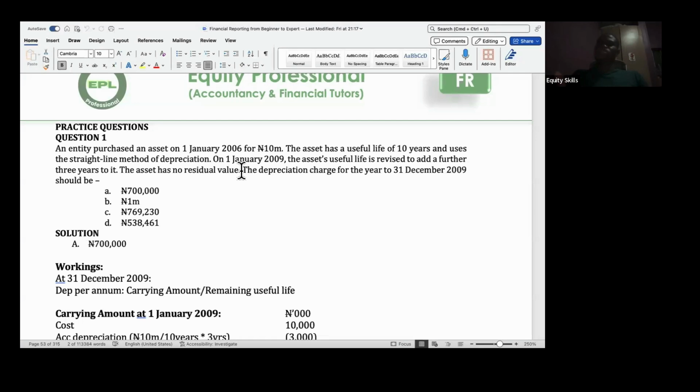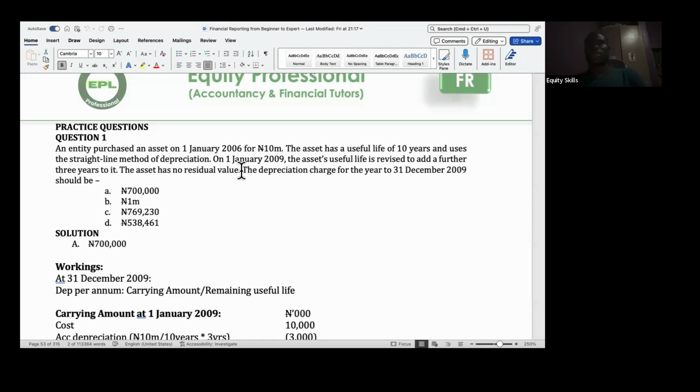Then I showed you the journal, how you actually do that in the books, because when you sell, besides just calculating gain or loss on disposal, even though in most of your questions that is all the examiner will likely ask you to calculate, you also need to know how to remove all the accounts from the books since you have sold the asset.